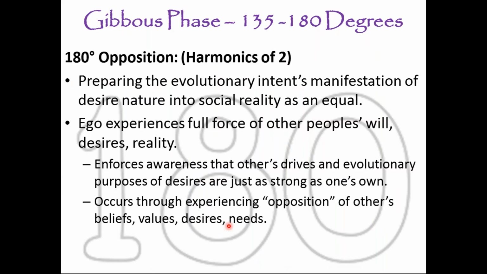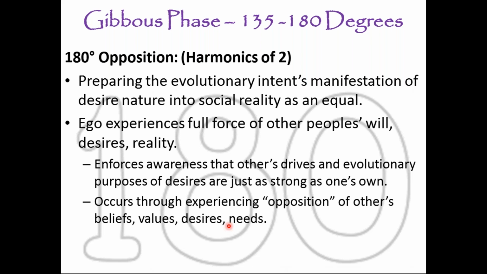We have to get to the gibbous side of the 180-degree opposition. This is when two planets are 172, 175, 178 degrees from each other, moving towards the opposition.